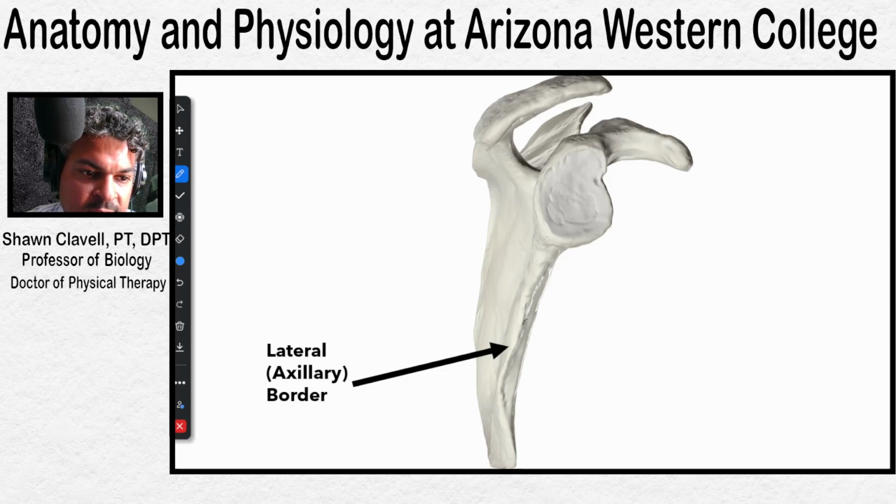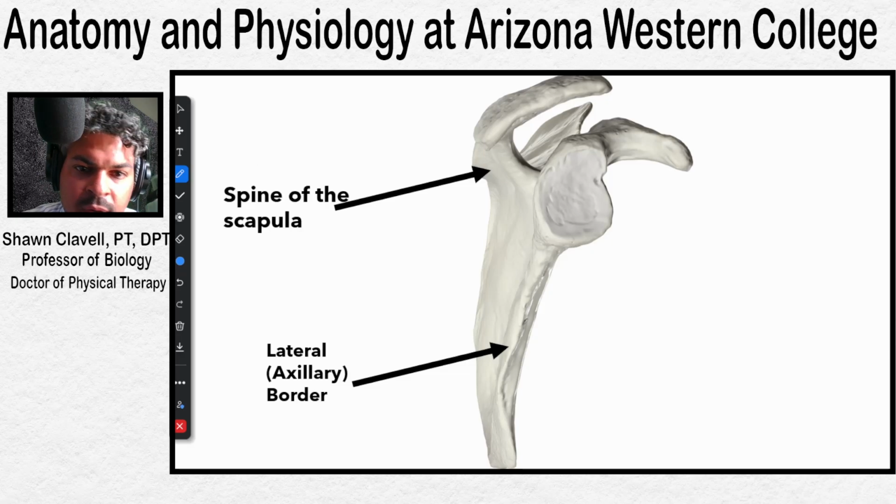But you can see there's the spine of the scapula, and this is probably a good one to identify here. The spine of the scapula is going to be right there. The spine of the scapula, the glenoid fossa.